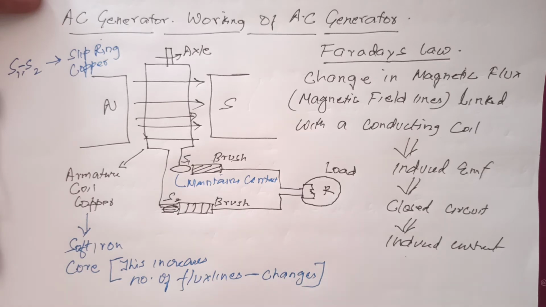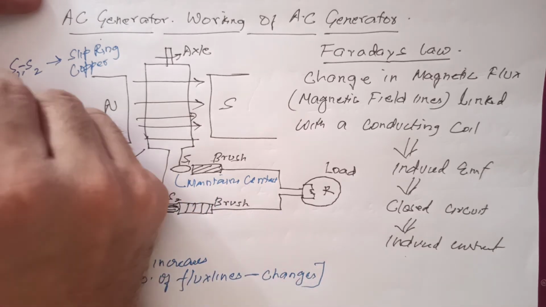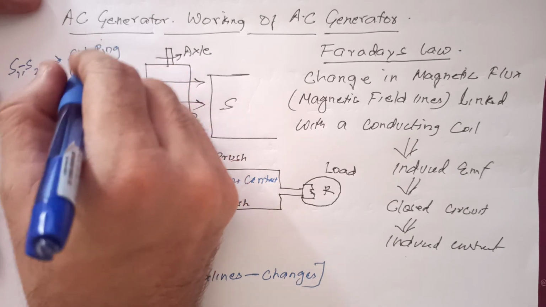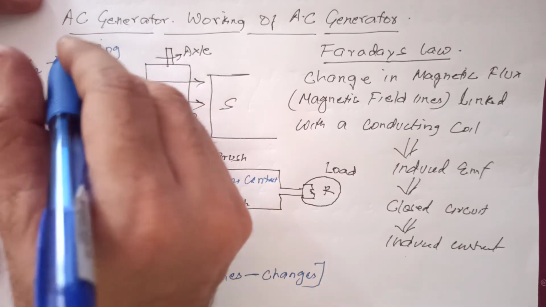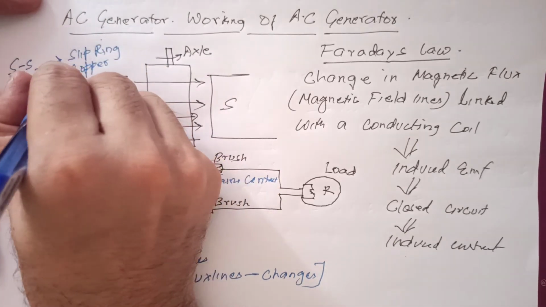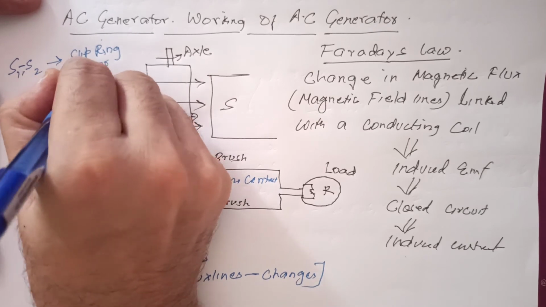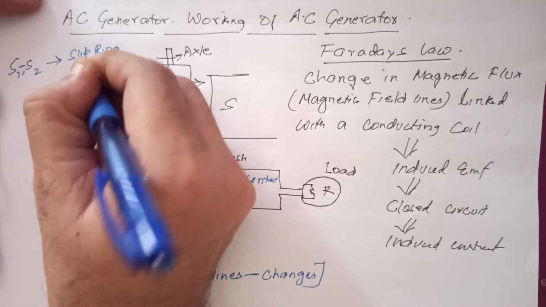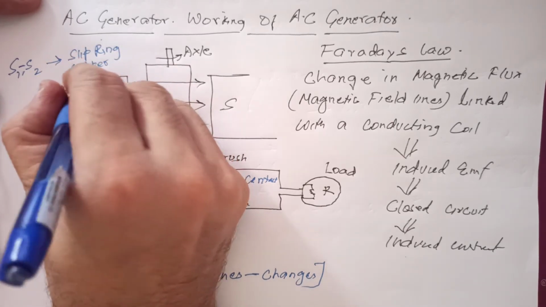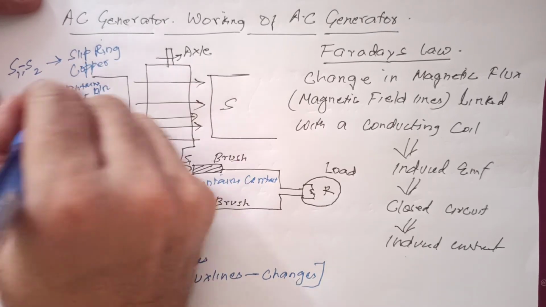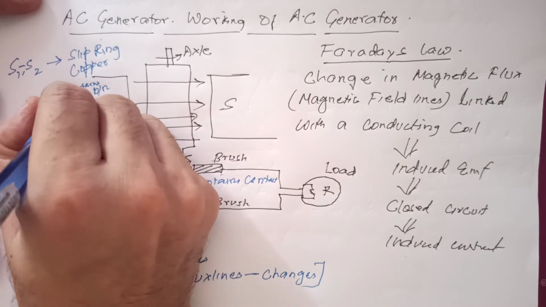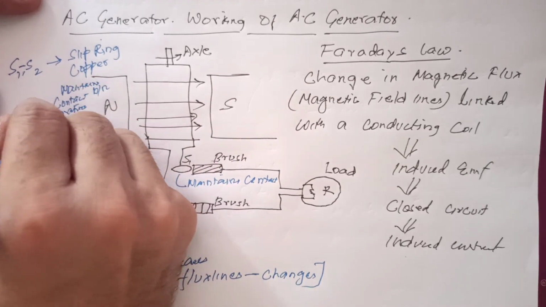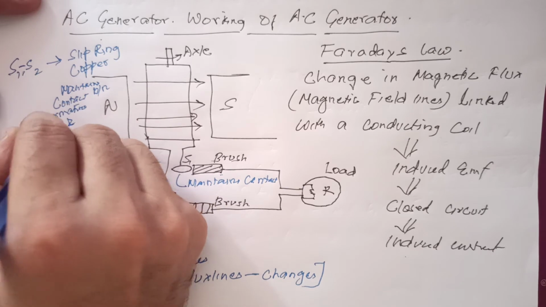Okay, now B1 and B2 maintain contact between ring and load. So the slip ring is copper, and it maintains contact between armature coil and brush.